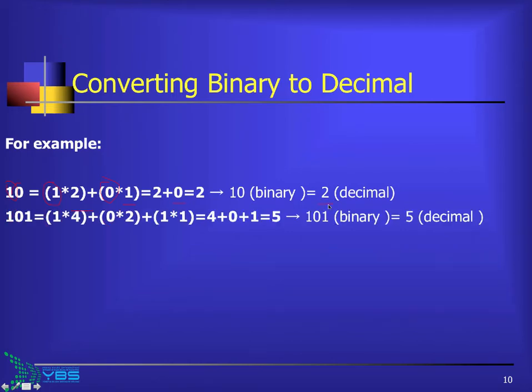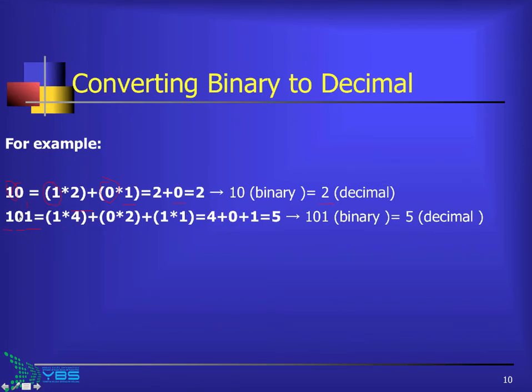Okay. Let's talk about another example. 101. Remember that we have only 2 digits, 0 or 1. This is the first digit, second digit, third digit. Always multiply that number by 2 over 0, which is 1, times 1, it's 1.